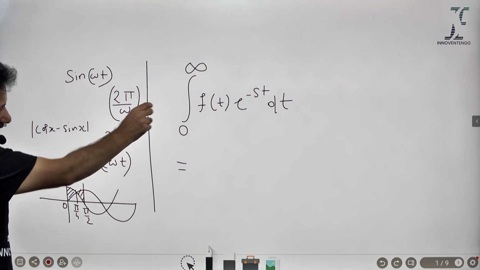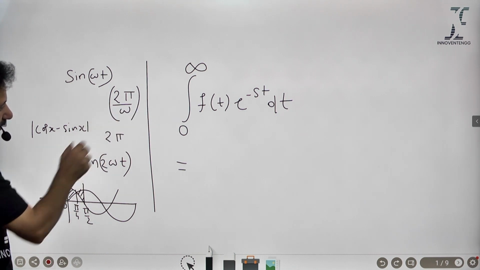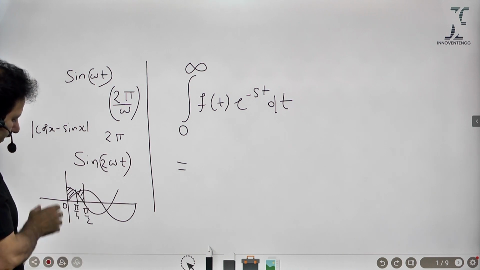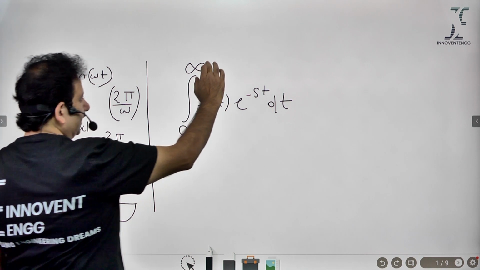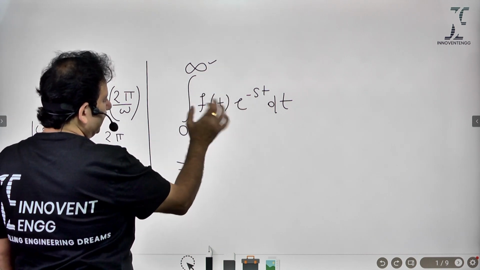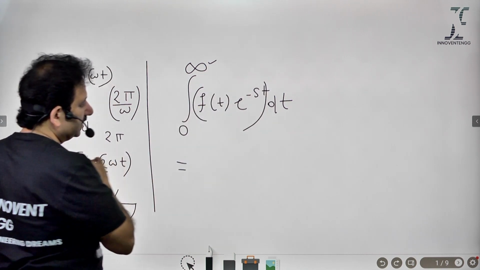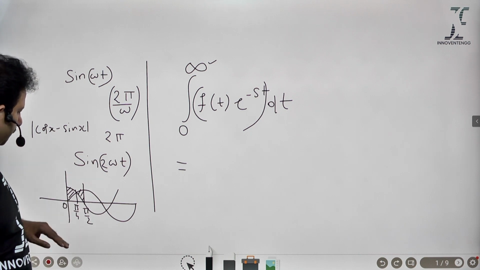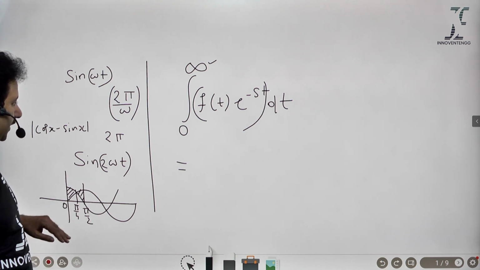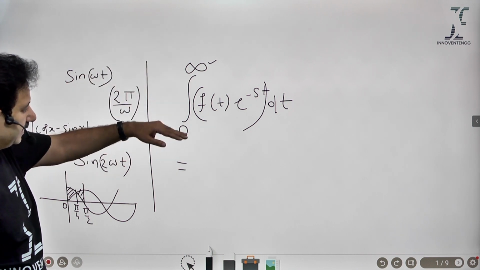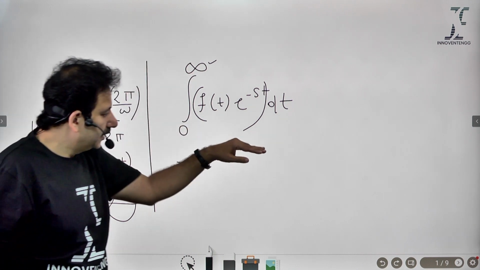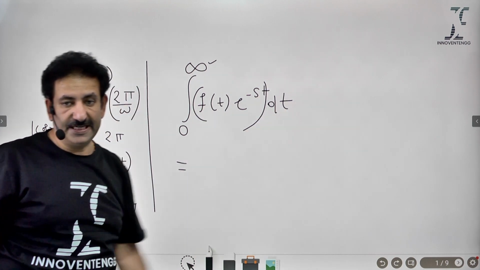The situation is slightly different here, but here also we are integrating over several periods, because when I say infinite, I am integrating this integrand over several periods. So I would integrate from 0 to T, then T to 2T, 2T to 3T, like that up to infinity.